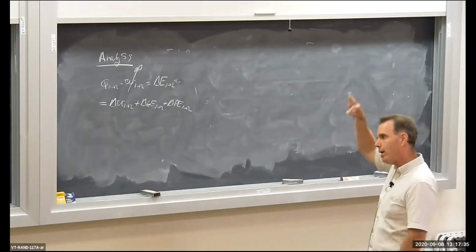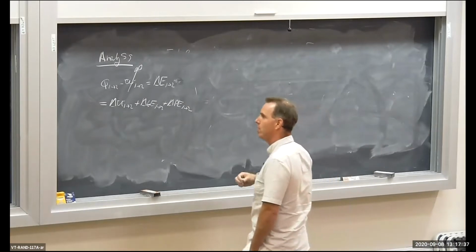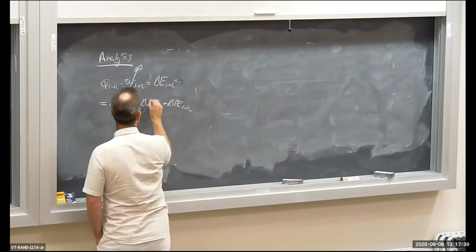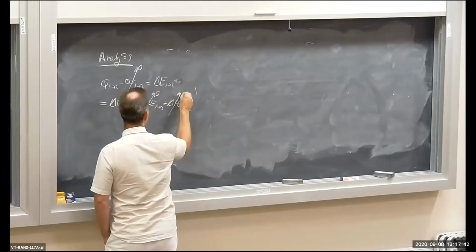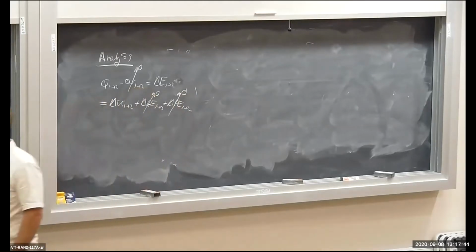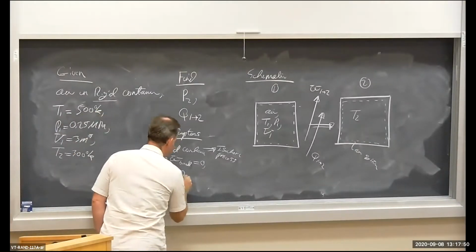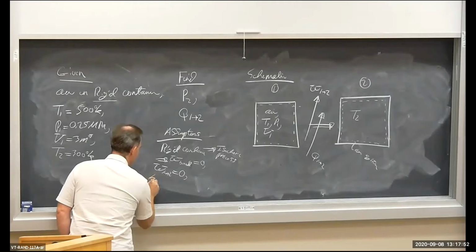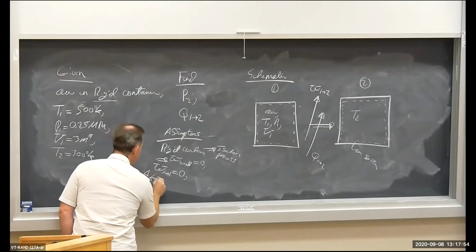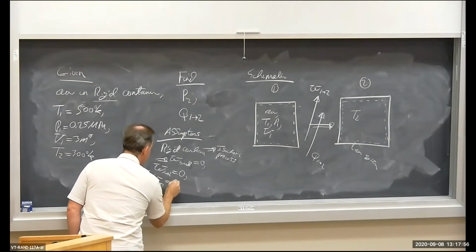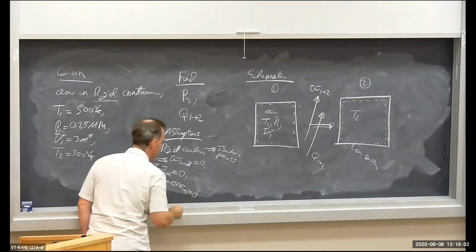So there's no change in gravitational potential energy of the system. So I'm just going to assume these away. This is where the assumption section starts becoming important. I'm going to write delta KE 1 to 2 equals delta PE 1 to 2, and set those both equal to 0.